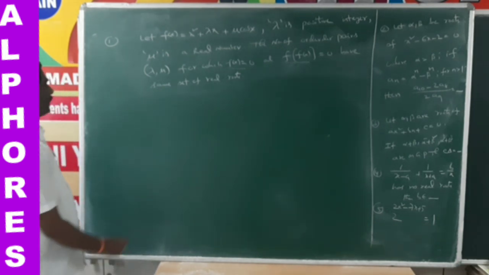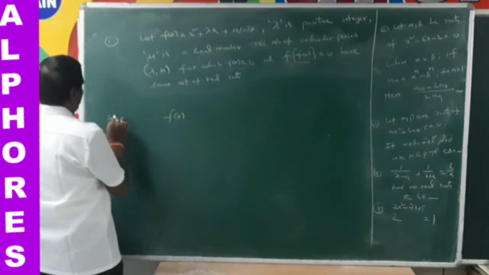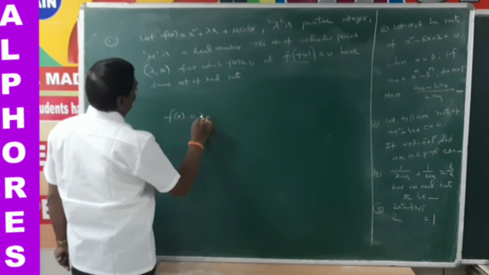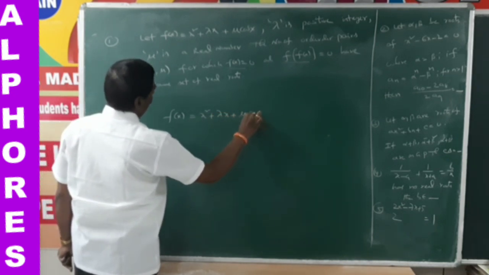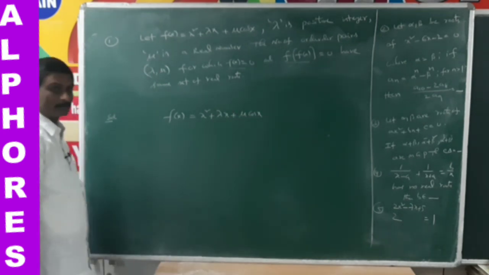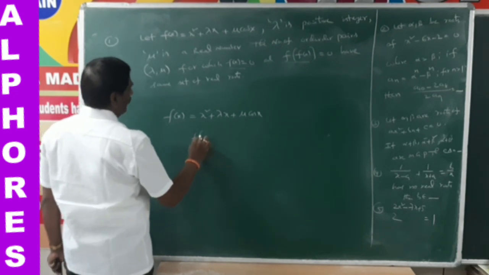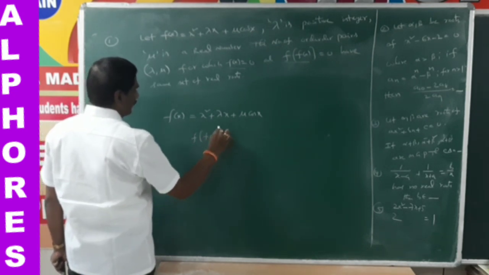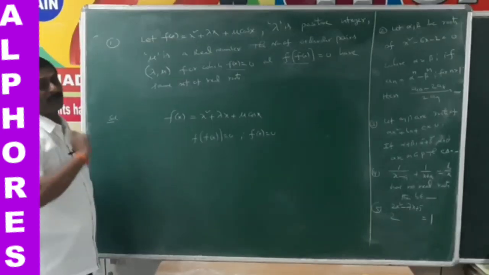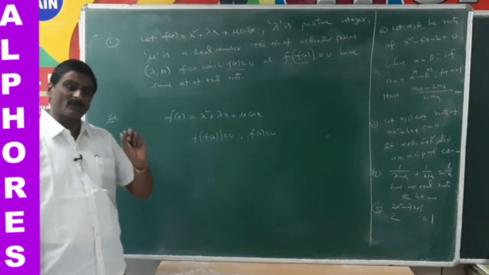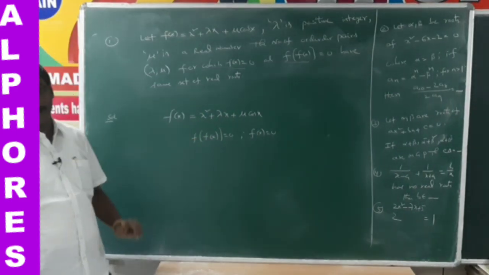From the given, f(x) = x² + λx + μ cos x is the function. But f(x) = 0 and f(f(x)) = 0 have the same set of real roots. Suppose α is one of the roots of f(x) = 0, then α is also a root of the other equation.